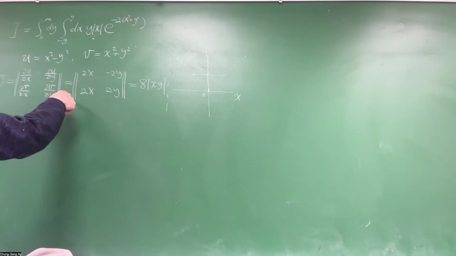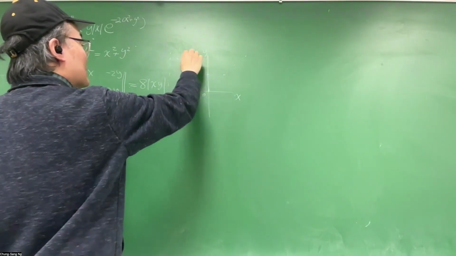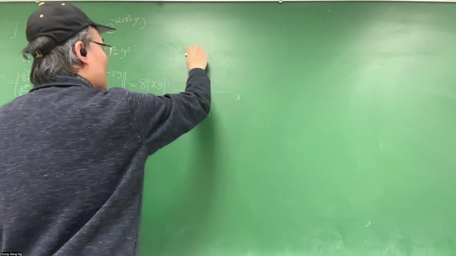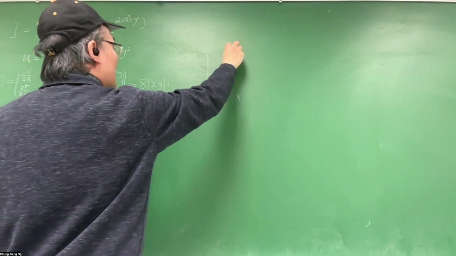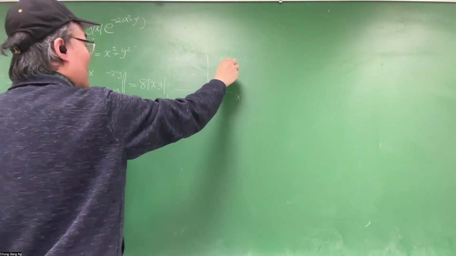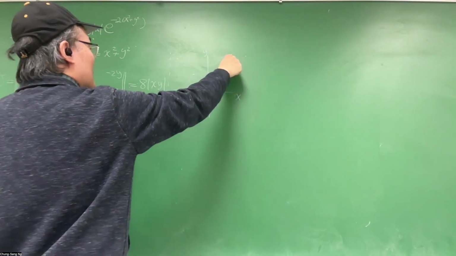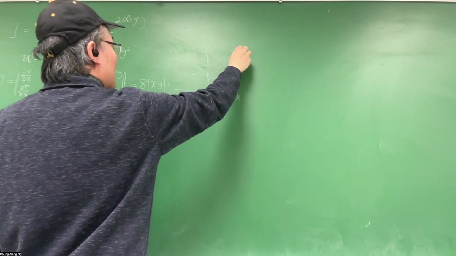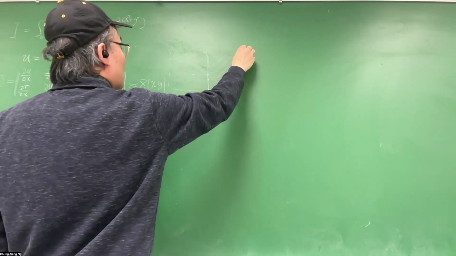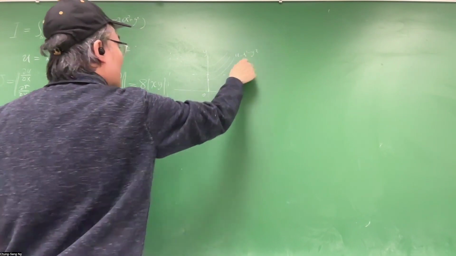And the hyperbola is something like that. So you have hyperbolas, different views, right? And on this axis it is minus y squared. So this is constant u, all these are u equals x squared minus y squared, right?